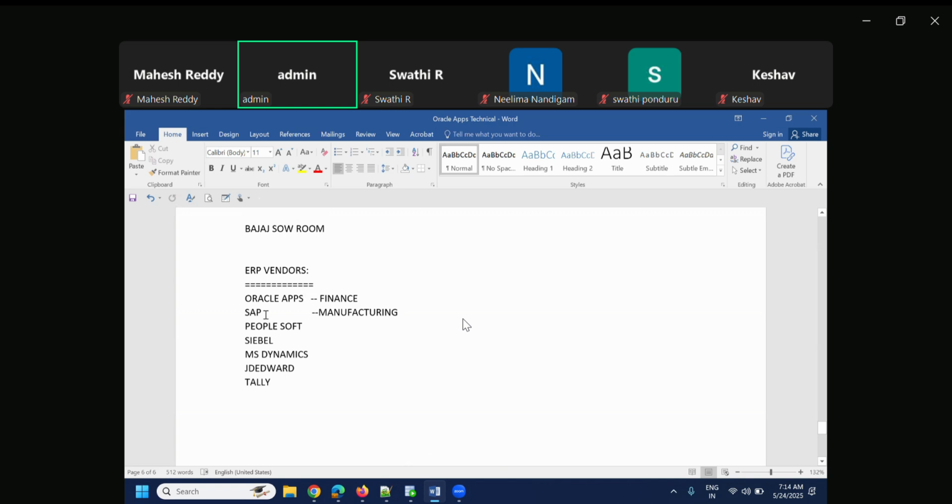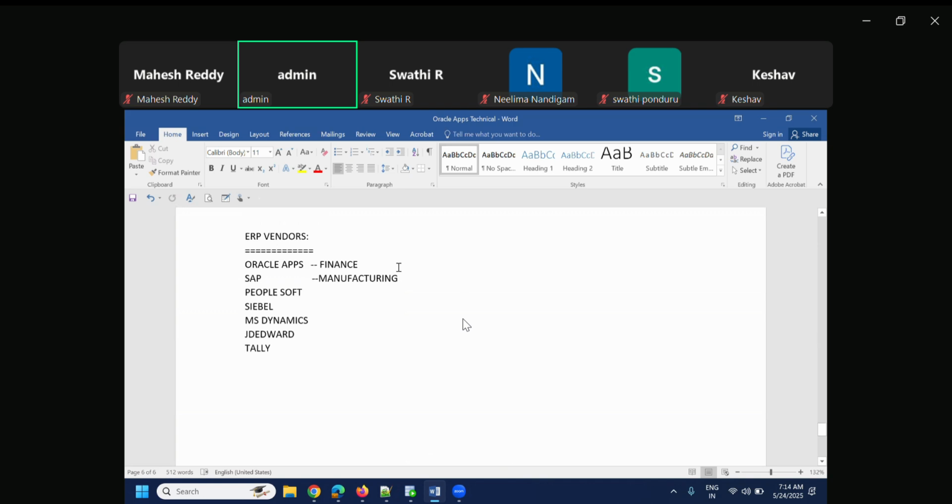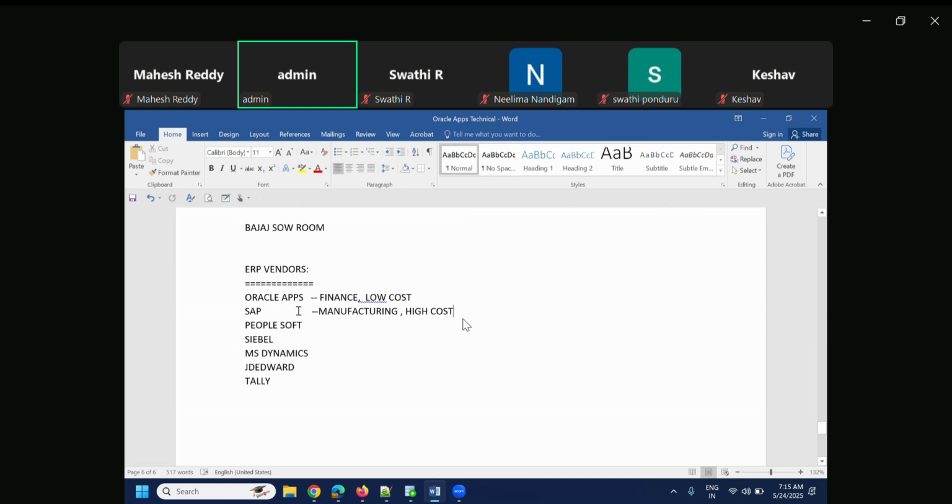Depending upon their business, they will prefer to go with one ERP. Also, Oracle application is low cost as compared with SAP, which is a high cost implementation. That's why most of the companies will prefer to go with Oracle applications as compared with SAP.